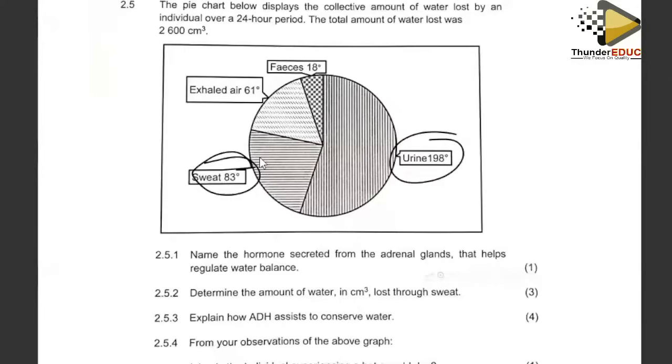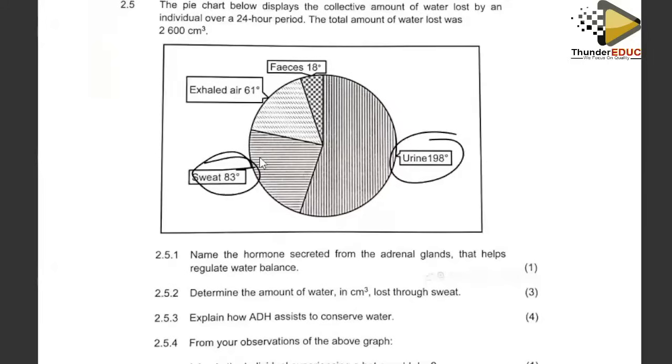Name the hormone secreted from the adrenal gland that helps regulate water balance. We know that water balance is controlled by ADH, antidiuretic hormone, but now they're saying from the adrenal gland.